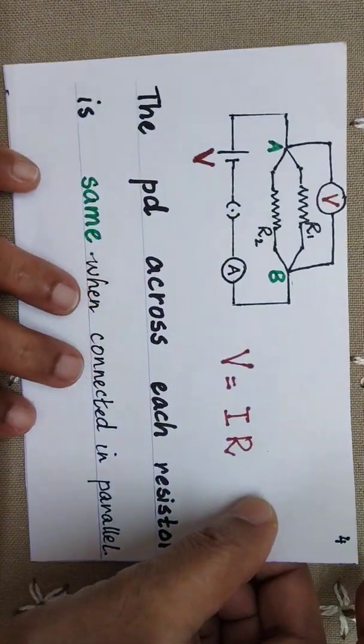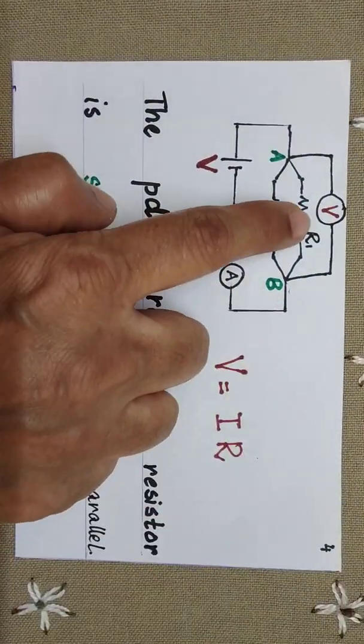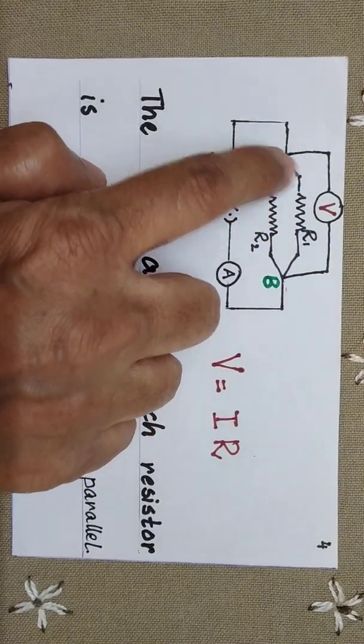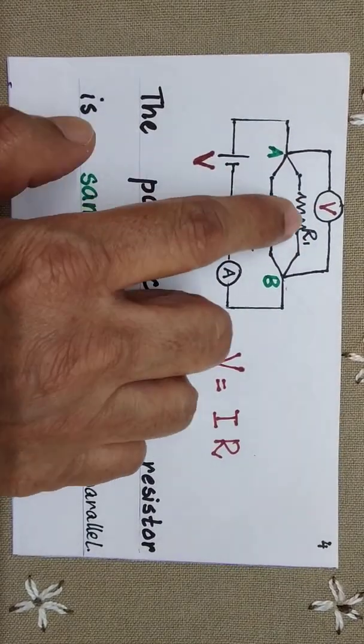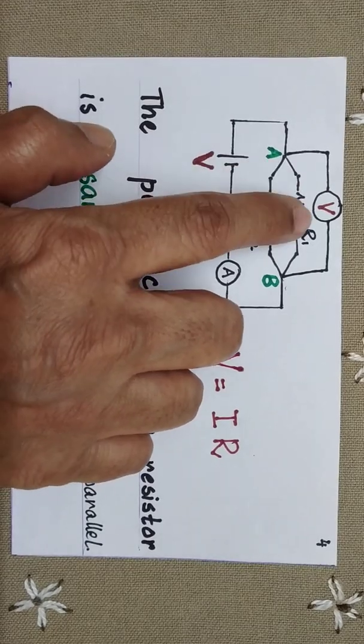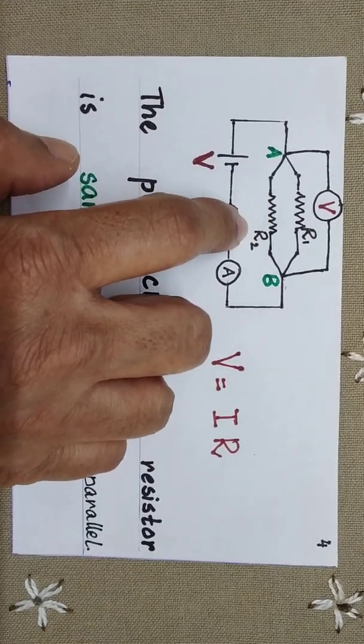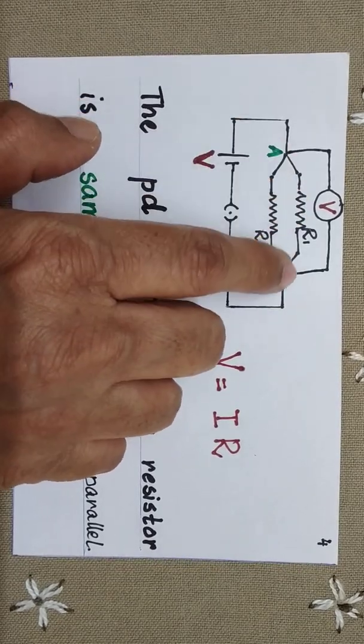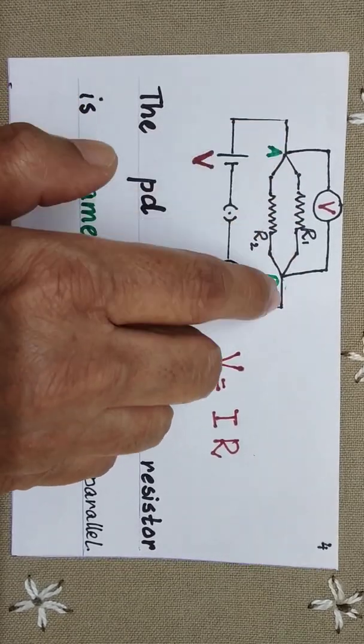And the next point is when the resistances are in parallel, PD across them is same. These two resistances R1 and R2 are connected between A and B. And when they are in parallel, this is the way you show.